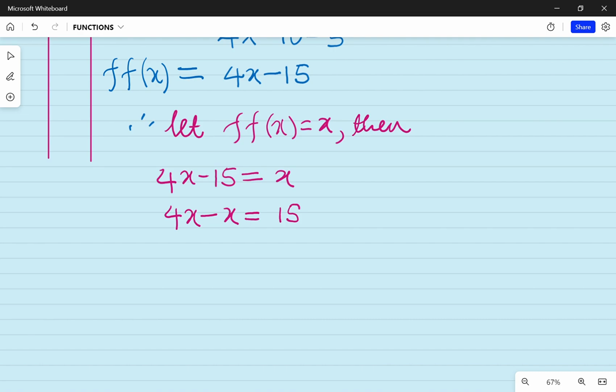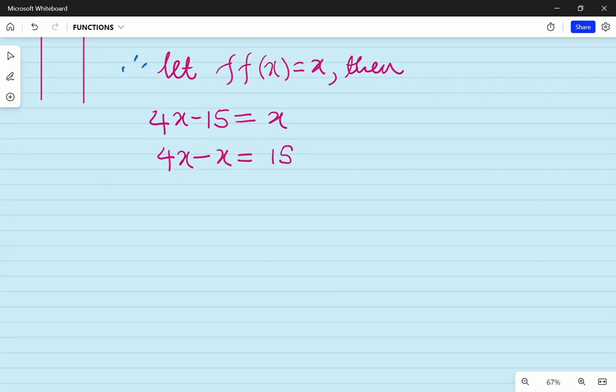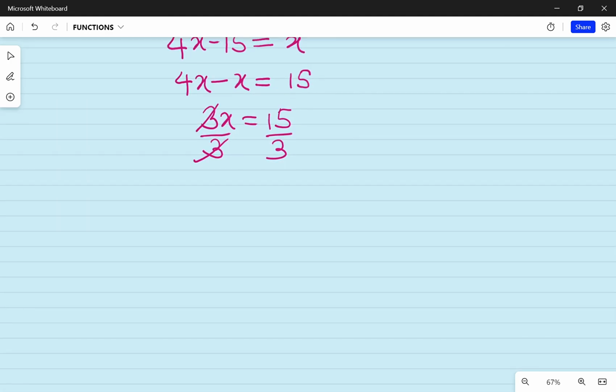This is now going to give me 3x equals 15. Divide over 3 over 3. So therefore x is equal to 15 over 3, which is 5. All right, this is my value for x.